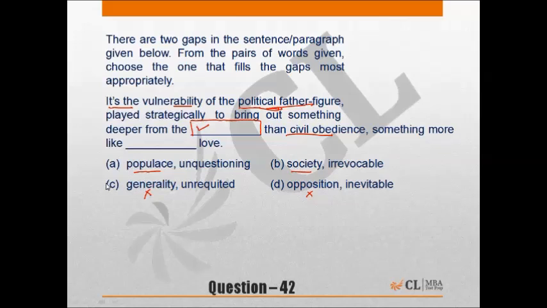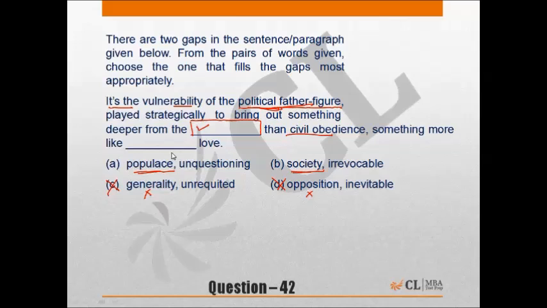So C and D are incorrect. Answer has to be either A or B based on populace or society. Now the political father figure will be able to evoke some kind of emotions only from the people who follow, all in particular, and from the society in general. So both of them seem to fit in. Hence, let us look at the second blank.